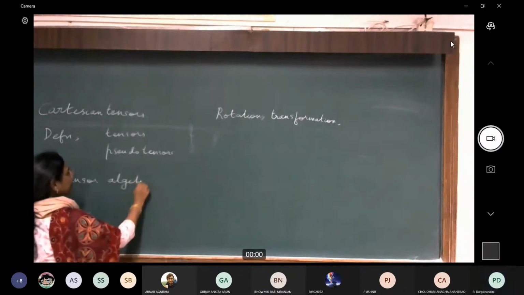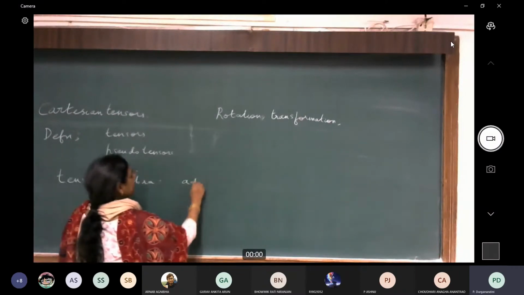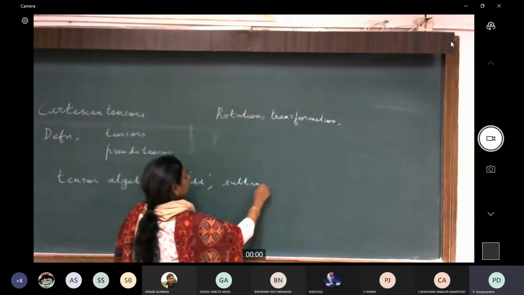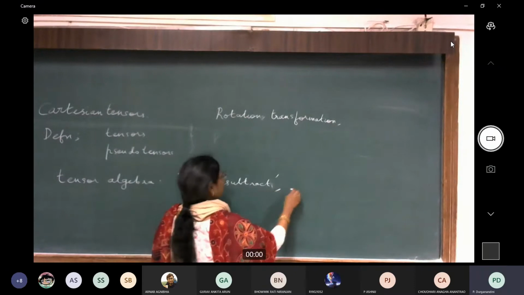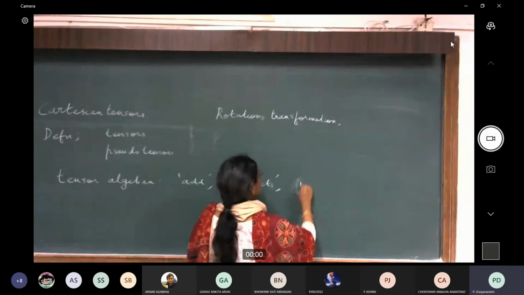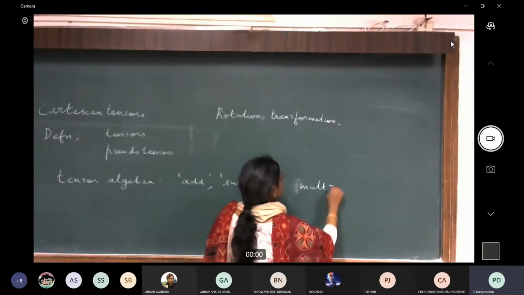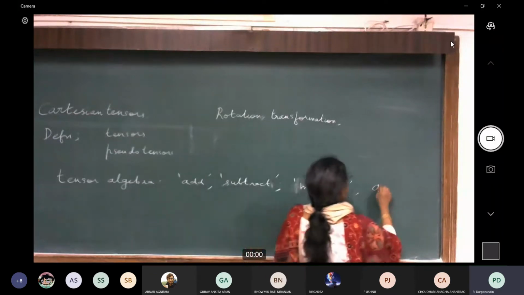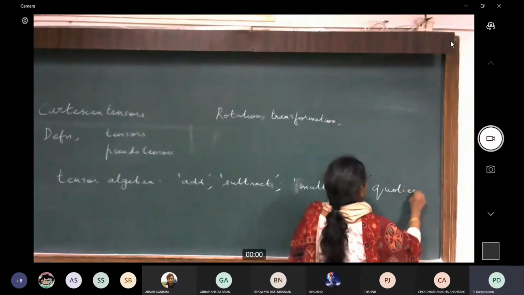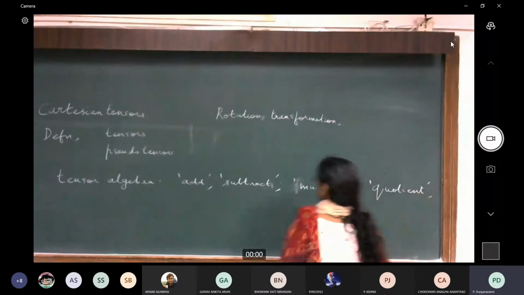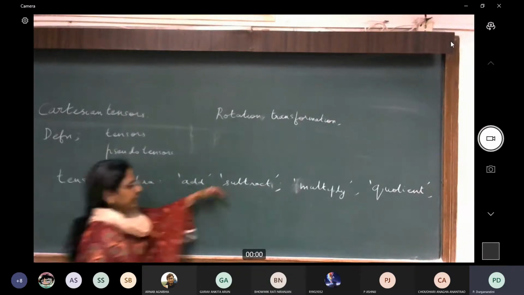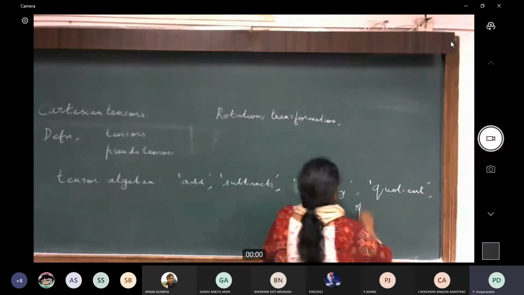That means we talked about adding tensors, subtracting tensors, and then we talked about product or multiplying tensors, combining that means. Then I didn't do the part which is essentially division, but I'll do this through an example because I thought that might be easier. So we did a little bit of tensor algebra: adding, subtracting, multiplying, and quotienting of tensors.